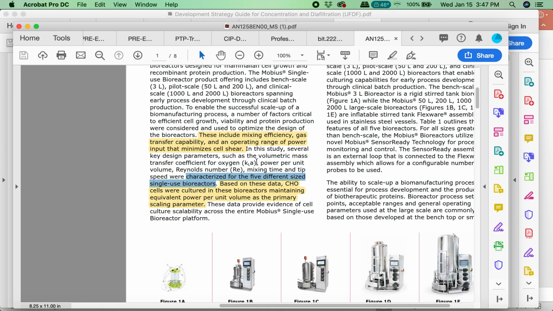It was characterized for five different size scales and several key design parameters, such as volumetric mass transfer coefficient, power per unit volume, Reynolds number, mixing time, and tip speed were characterized.